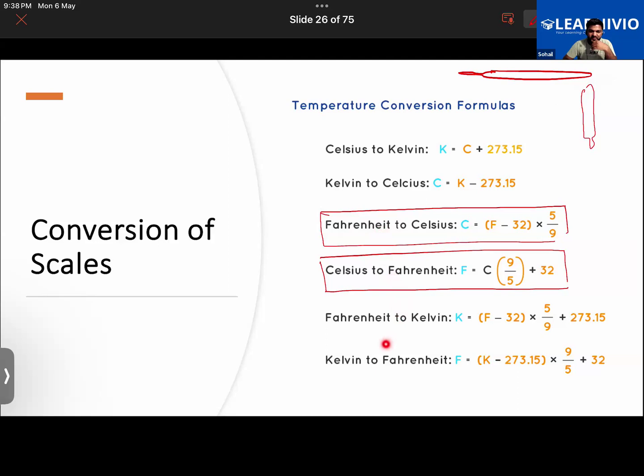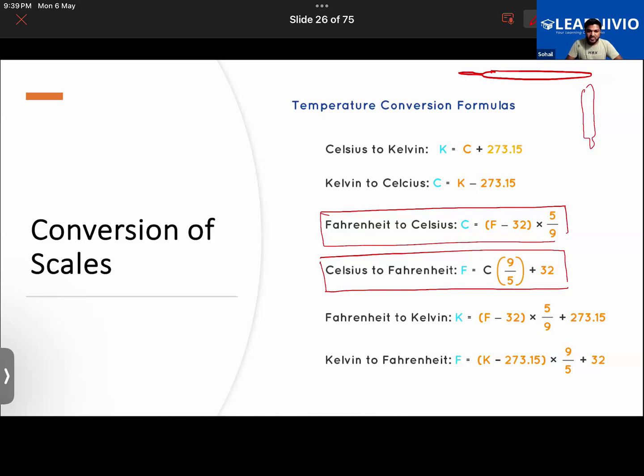You have this formula also, how to convert from Fahrenheit to Kelvin and from Kelvin to Fahrenheit. Although for class 7, studying this much will be more than sufficient. This one we won't be discussing, but logically it's not that difficult. Right now, I'm asking a few basic questions. We should be holding the laboratory thermometer in a vertical position.